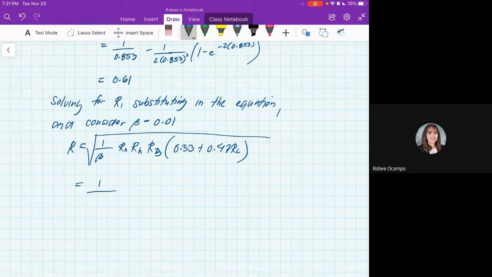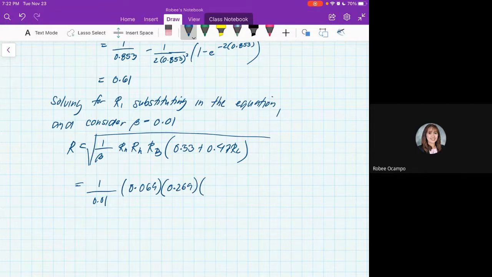So substitute natin lahat ng values to this equation. We have the square root of 1 over 0.01 times yung Rn natin, which is 0.069, times RH natin is 0.269.